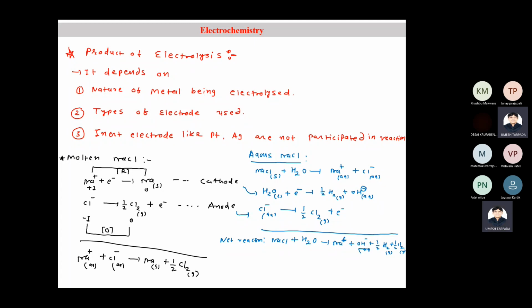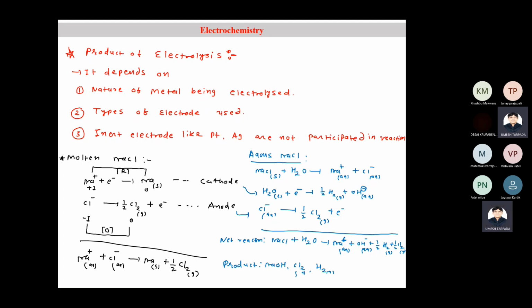This is the product of the net, overall reaction. Na plus and OH minus together are nothing but NaOH. So the products become one NaOH, second Cl2, third H2.